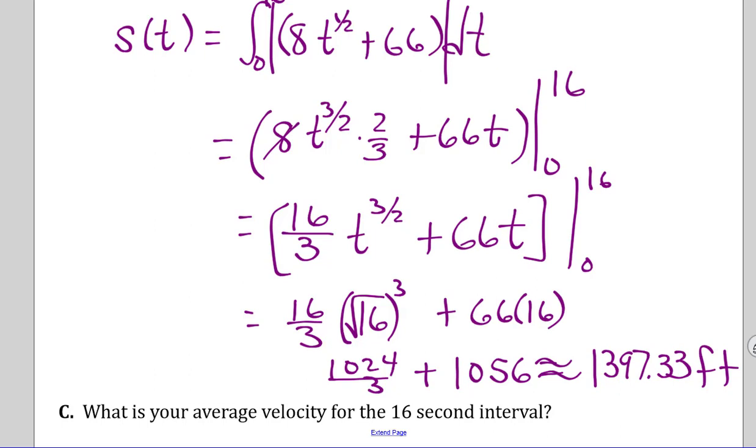Again, notice that neither of these values came up to be negative. But if they had, we would take the absolute value of them to make sure that we got distance, okay?